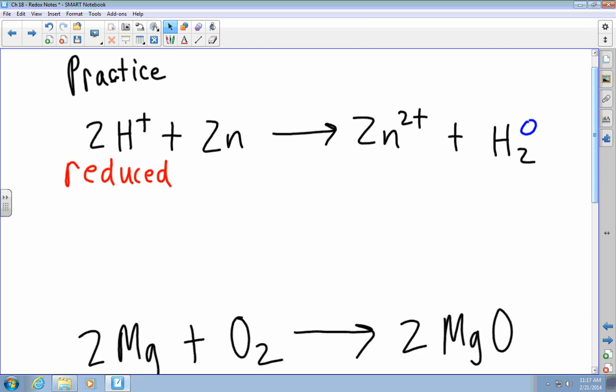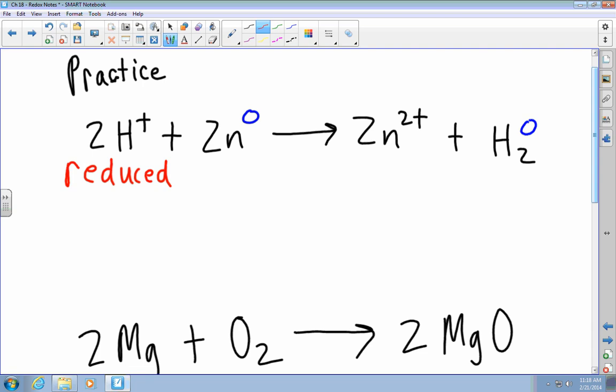So let's check and be sure of that. So what's the charge on the Zn on the left side? It's zinc in its elemental state, so the charge would be 0, right? And the zinc is going from 0 to 2 plus, so is it oxidized or reduced? Oxidized is up.